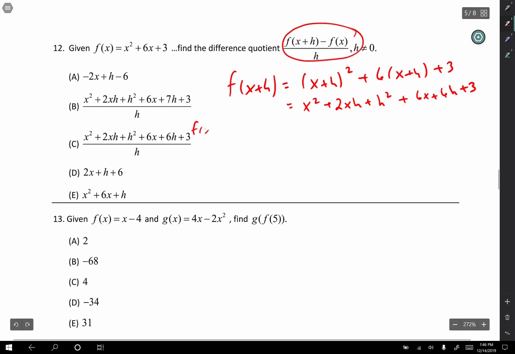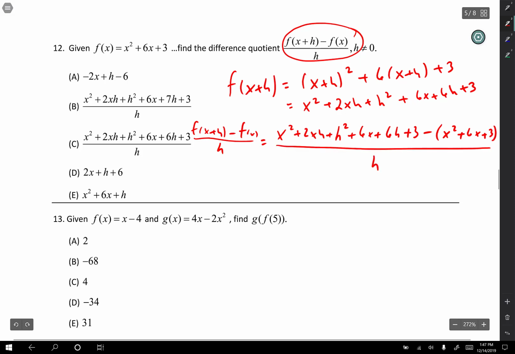So f of x plus h minus f of x all over h is equal to, and I'm going to write this expression again, x squared plus 2xh plus h squared plus 6x plus 6h plus 3 minus my f of x, which is (x squared plus 6x plus 3), all over h.